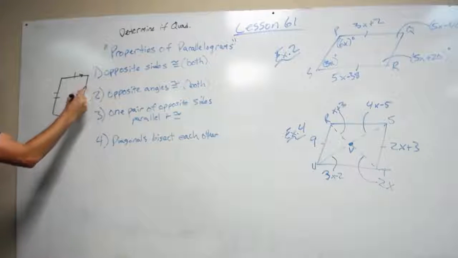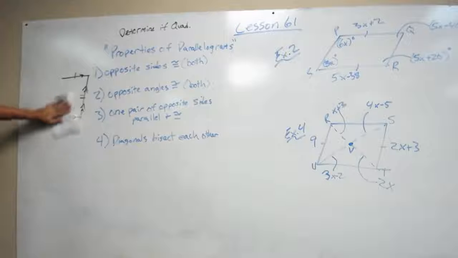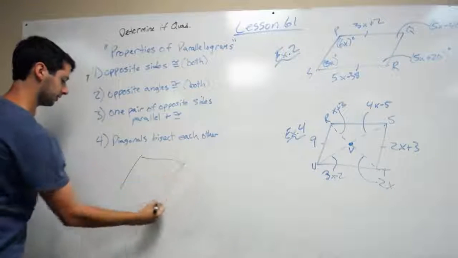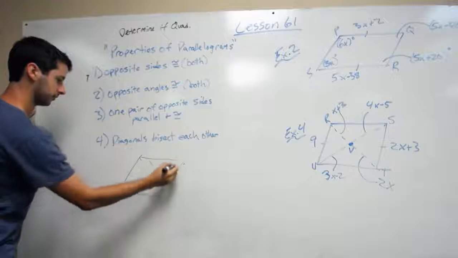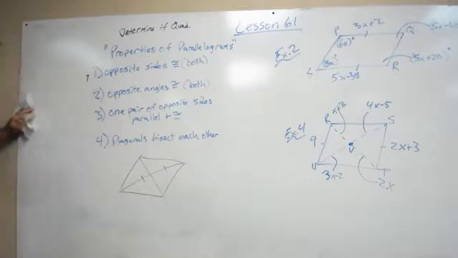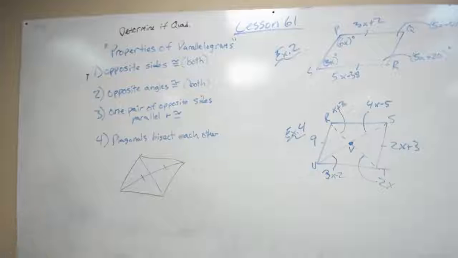We know these sides are parallel and congruent. And then the last one, the fourth property, the diagonals bisect each other. Remember, bisect means they cut in half. Then this quadrilateral would be a parallelogram.